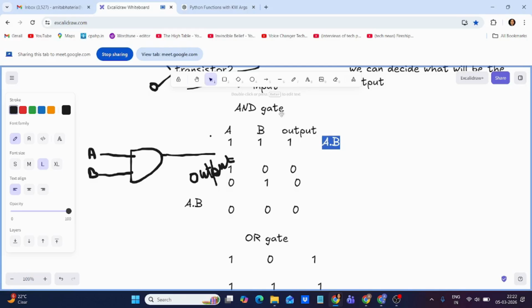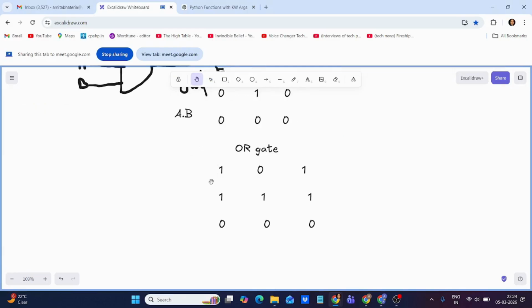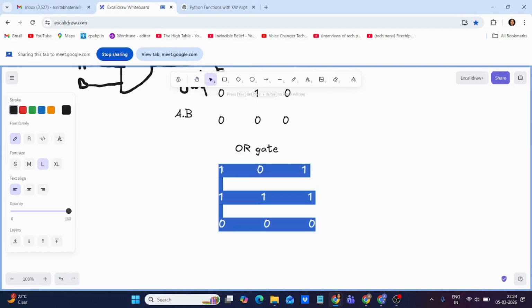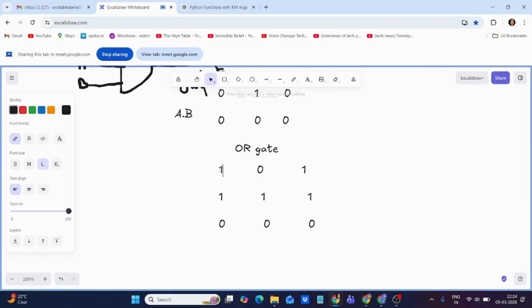Got it? Okay. So these are the inputs for the OR gate. If one input is 1, means the first input is 1 and the second input is 0, the output will be 1, right? And the same, we can have inputs the other way also. For example, if the first input is 0 and the second input is 1, what will be the output?